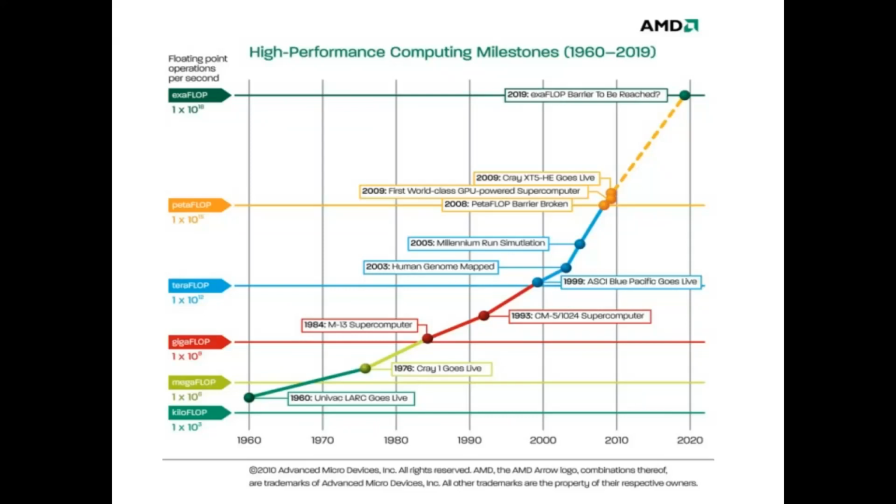So this y-axis shows floating point operations, multiplied by 10 to the power 3. So that becomes kiloflop, megaflop, gigaflop, and so on. And what this shows is at what stage the performance of any system peaked.